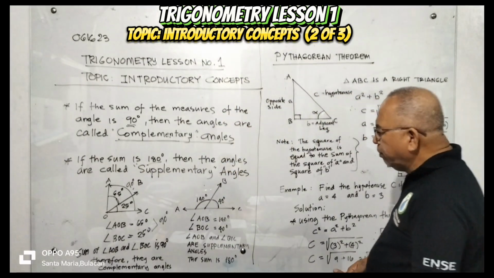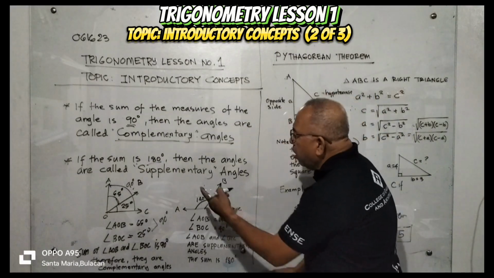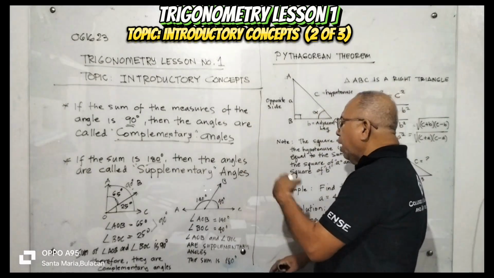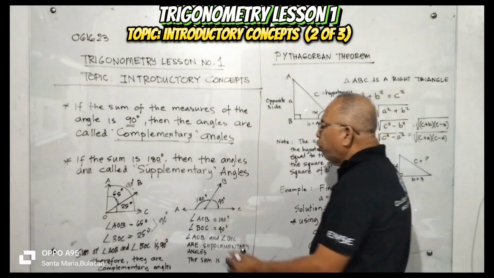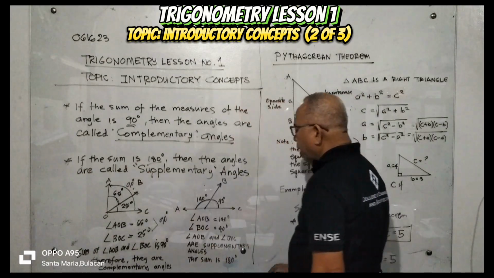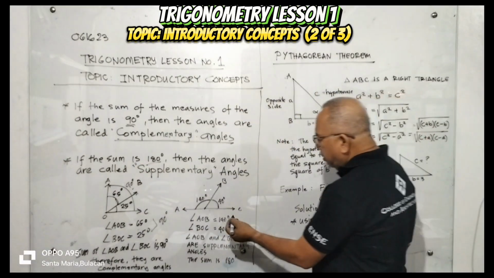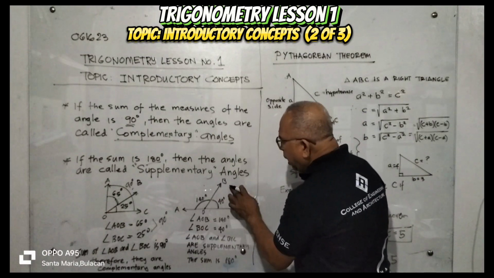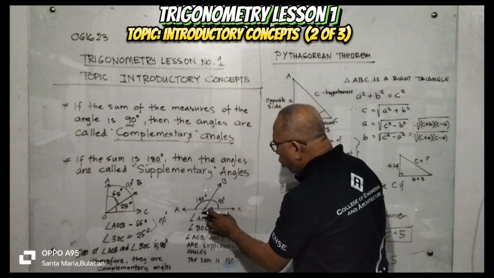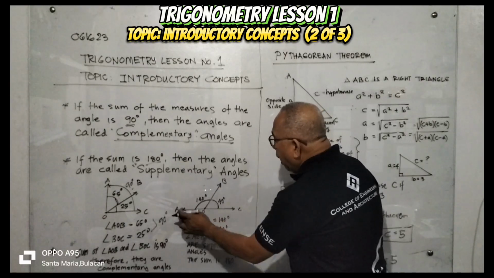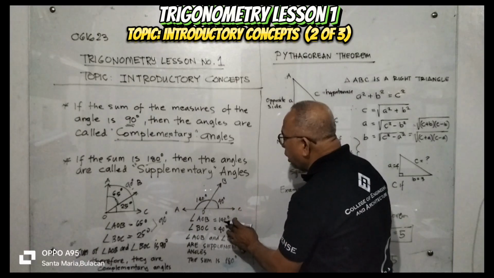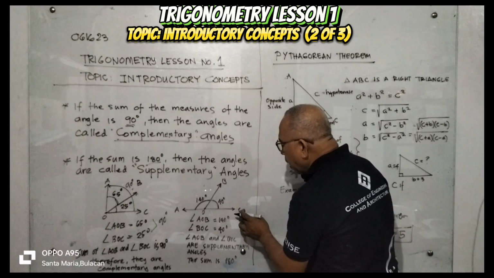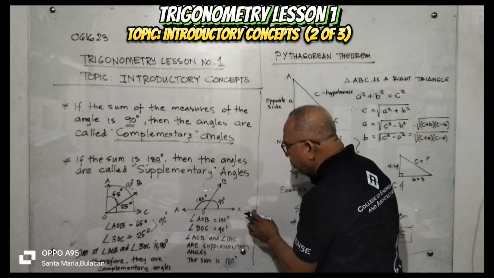Now, how about the other one? Ang sabi dito, the sum is 180. So, ibig sabihin, pag 180 ang total, they are called supplementary. Okay, so example natin, kunwari dito daw, let's say, B, O, C. A, O, B is 140 degrees and B, O, C is 40 degrees.